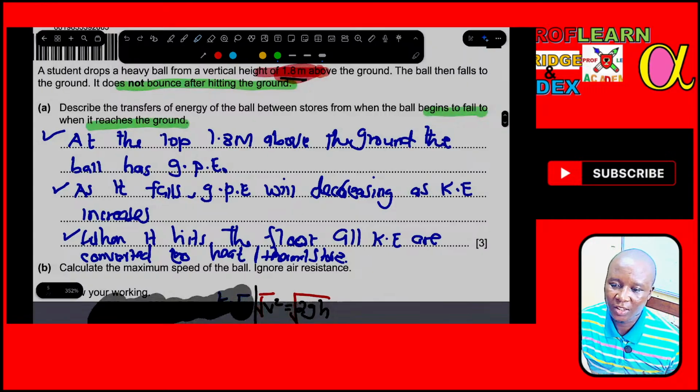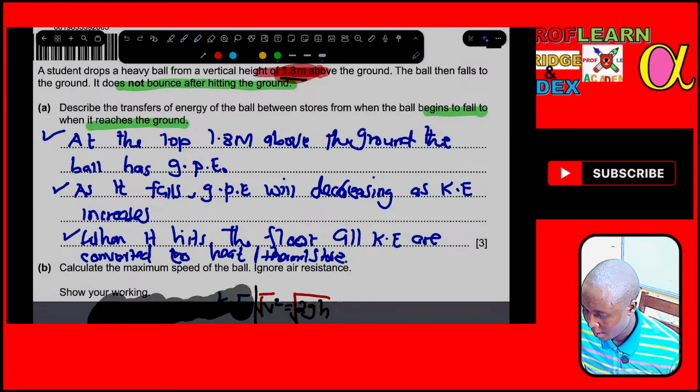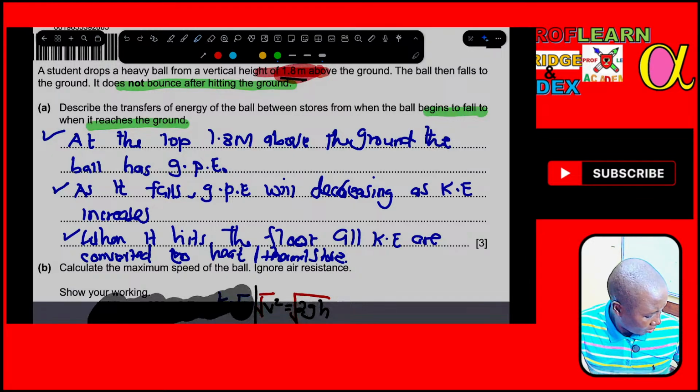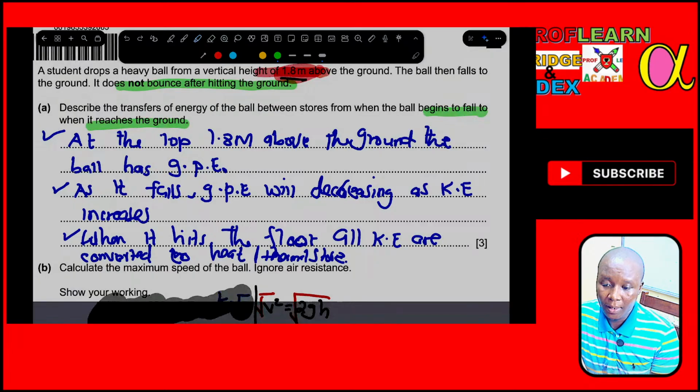So the first thing that the candidate was supposed to realize in this particular question is that candidates were to remember that energy transfer, or conversion of energy, is basically the law of conservation of energy.